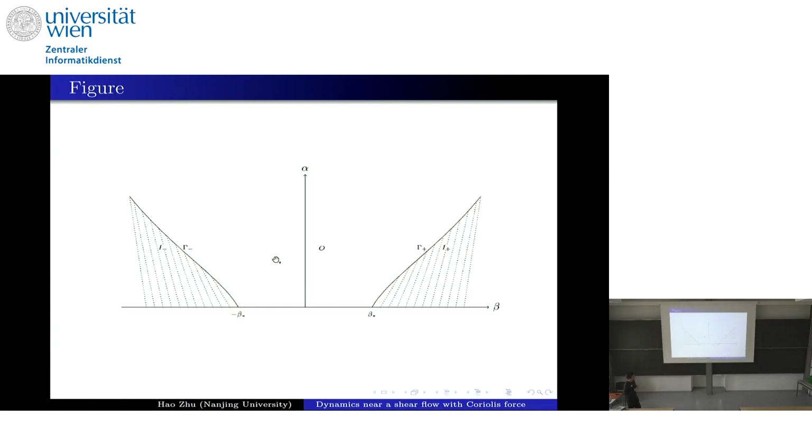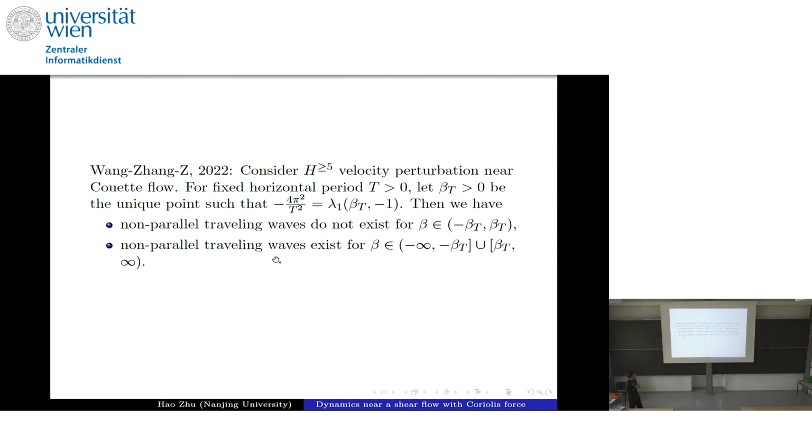And if alpha beta is in these two regions, then there exist traveling waves, and at most finitely many. This is the main result.